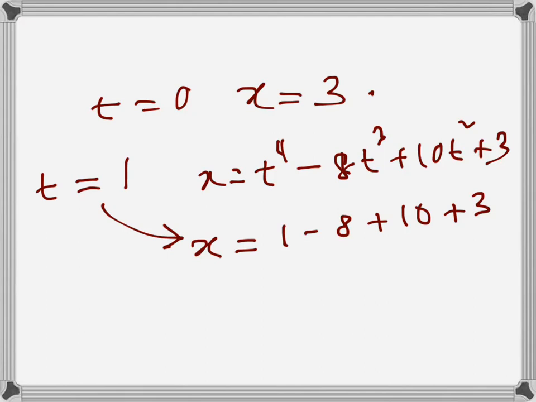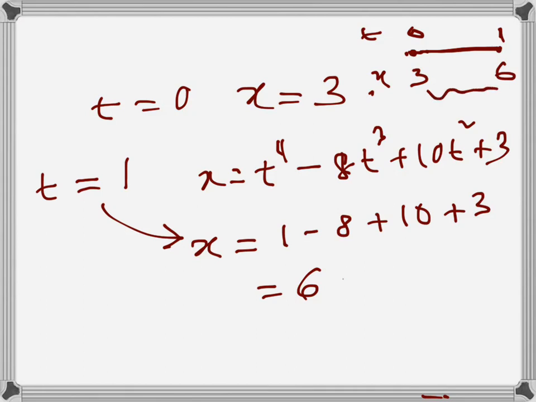So that becomes 6. So what we understand is the pen goes from position 3 centimeter to 6 centimeter in that 1 second, from 0 to 1. So this is when t is equal to 0, and this is when t is equal to 1. This is t and this is x. So this is 6. So it has traveled 3 centimeter in this 1 second.